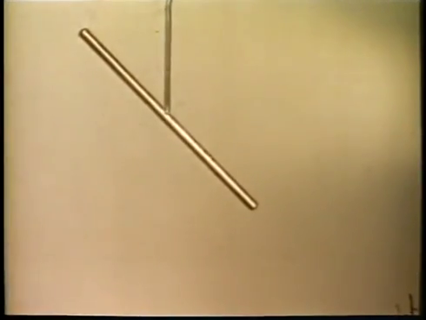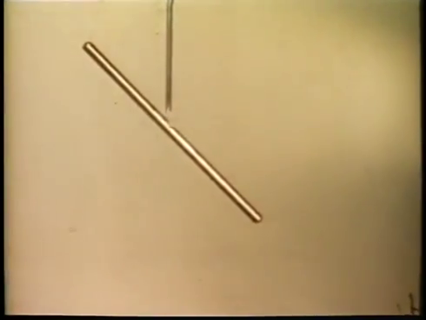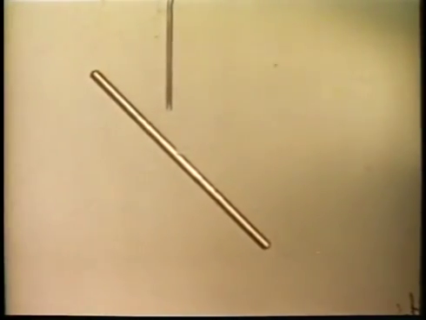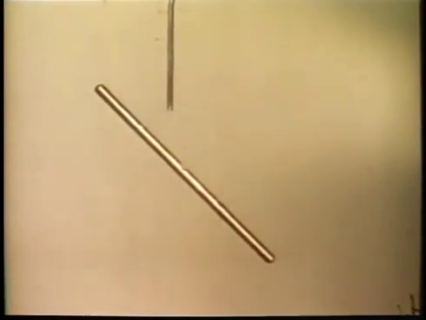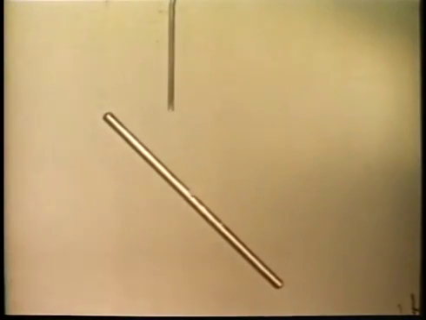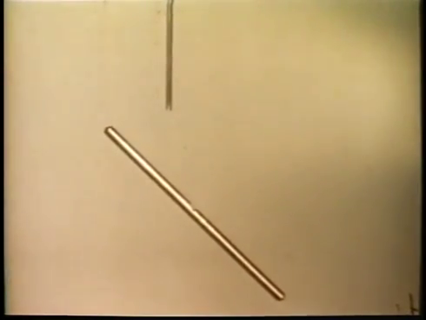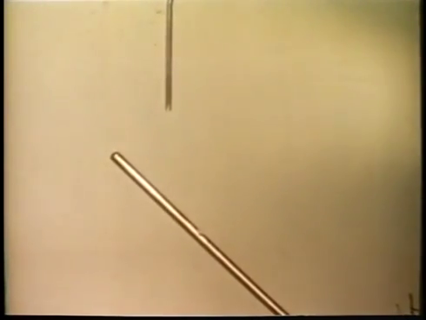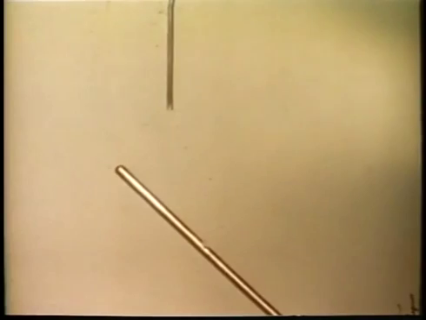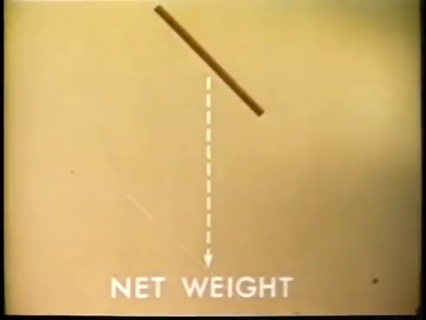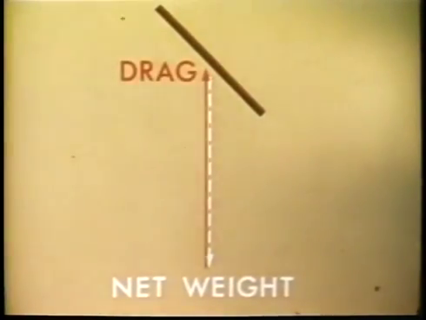When a rod falls obliquely, it drifts to one side. At terminal speed, the net weight is just balanced by the drag, which therefore acts vertically.